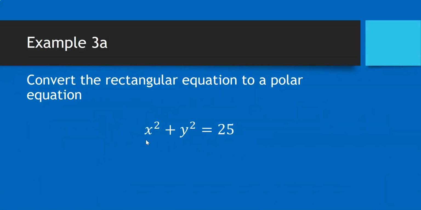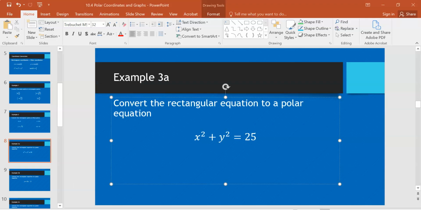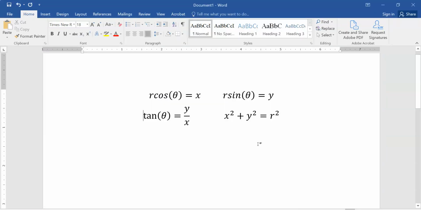So like in this example, x squared plus y squared equals 25. We take that equation and ask which replacement is best to use.